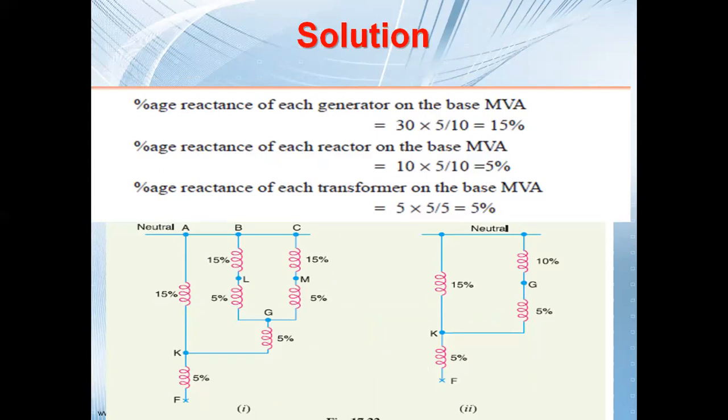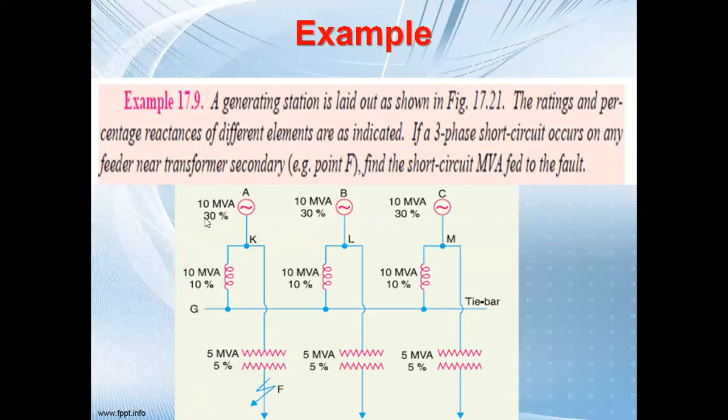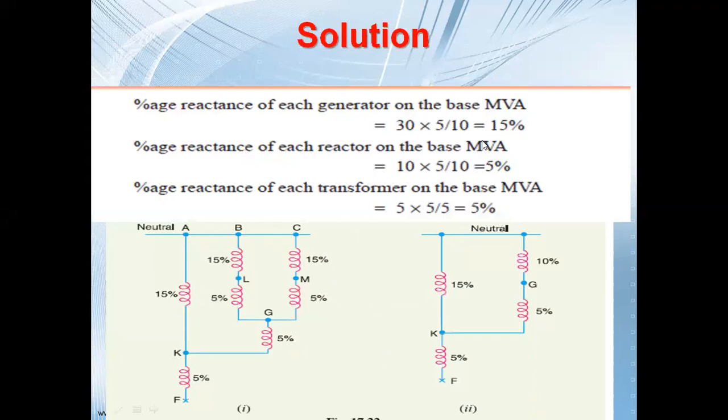So the base in this case is 5 MVA. For the generators, the percentage reactance will be just half of this, because the generator rating is 10 MVA and we have assumed that the base is 5 MVA. So the percentage reactance value will be 30% by 2, so that is 15%.